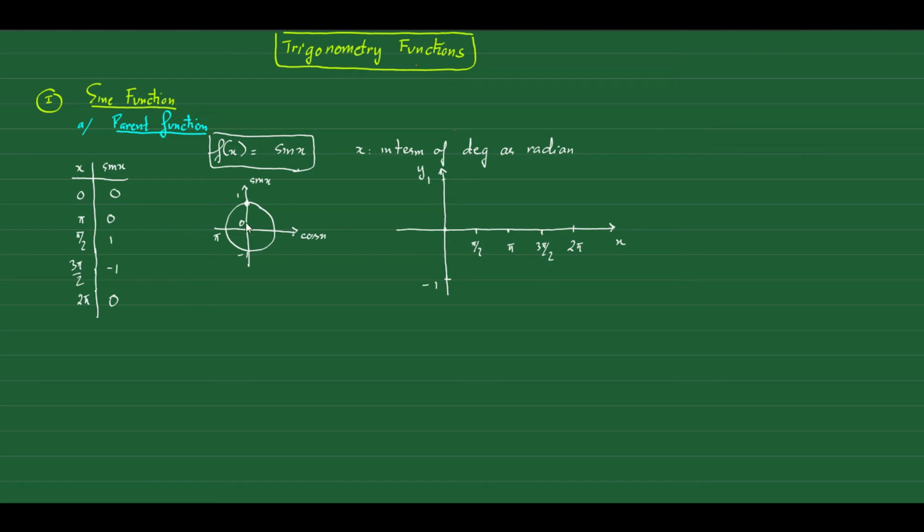So when I have 0 radians, you're going to start from here, right? Then at pi over 2, we're going up here. And at pi, you go back to 0. And at 3 pi over 2, go to -1. And go back to 0.